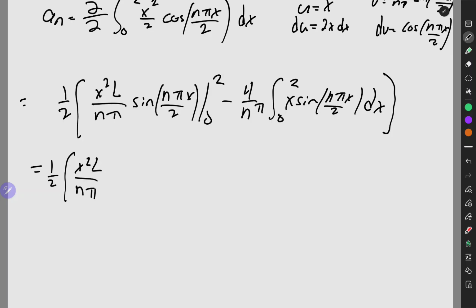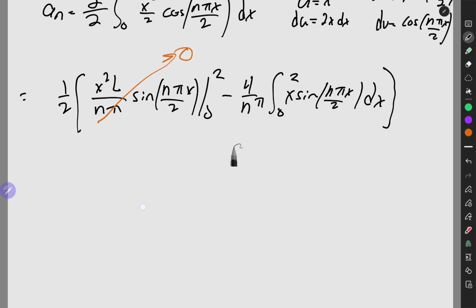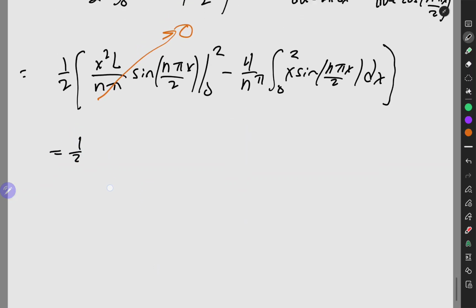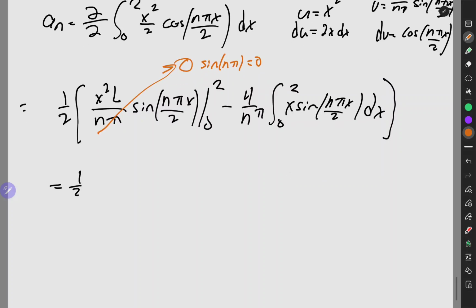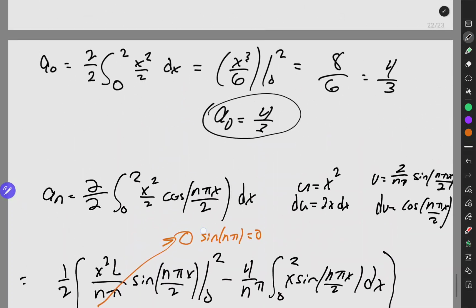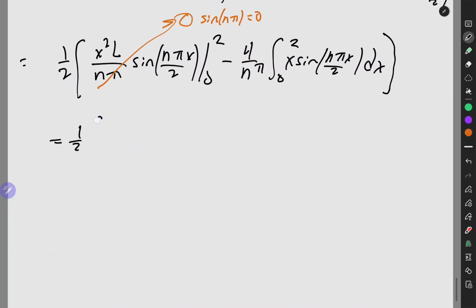Times 2, so that's 0. What am I doing? The whole term's 0, just like the last 4 examples. Okay, this is what we're left with over here.